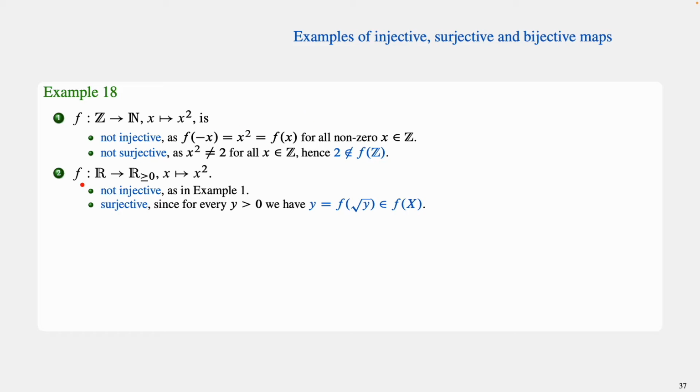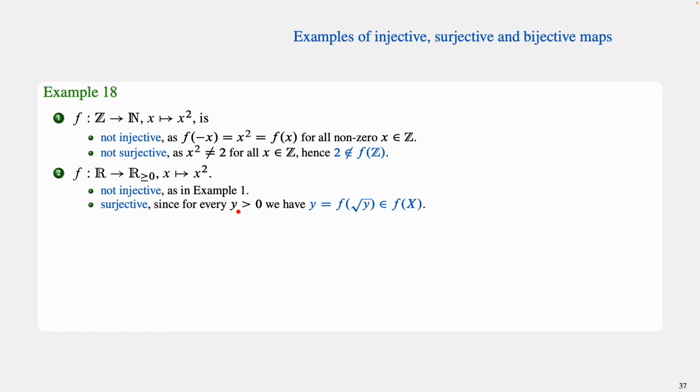If we look at the real quadratic function, it's still not injective for the same reason as we gave in the first example. But this one is actually surjective if we take the non-negative reals as the image. Because for every value y strictly greater than 0, we have y being f of the square root of y. So every positive y is in the image.